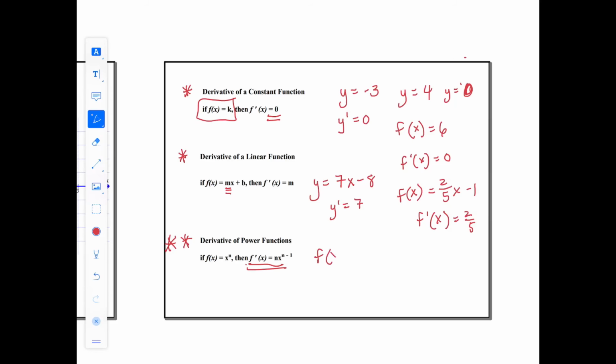Let's take a look. So if we had f of x equals x to the 6, the derivative function for that would be, I bring down the exponent, 6, and then I multiply it by x to the power one less than that, 6 minus 1, which would be 6x to the 5th.